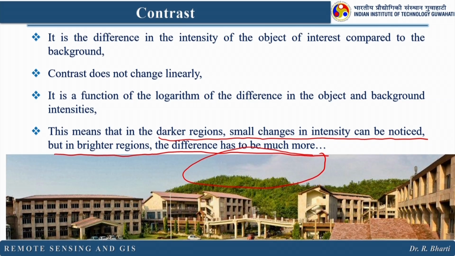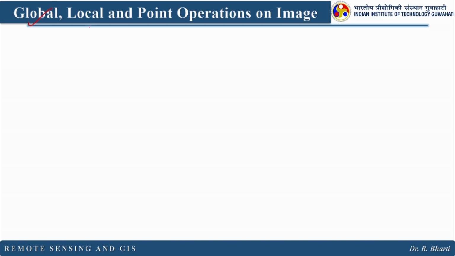So with respect to the image, how do we apply different logics to enhance the contrast? That depends on us. What is our decision? How do we want to perform this particular logic? That logic we will discuss after this. So how do we perform? Either it can be global, local or point operation.